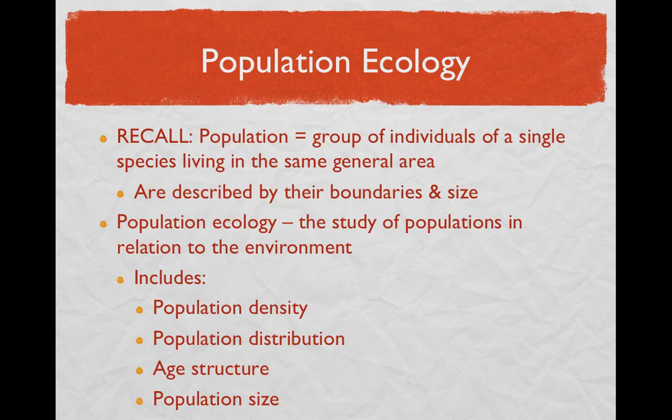So we include everything from population density to their distribution. We'll look at some demographics that both overlie human population growth as well as other organisms out in your typical ecosystems. And age structure kind of falls into some of that, as well as your population size in and of itself.